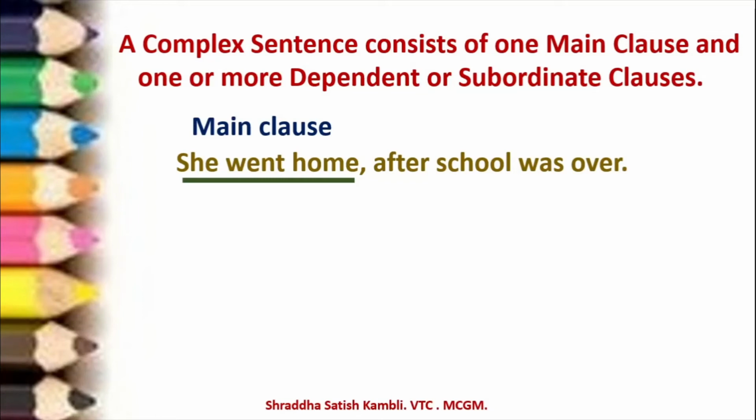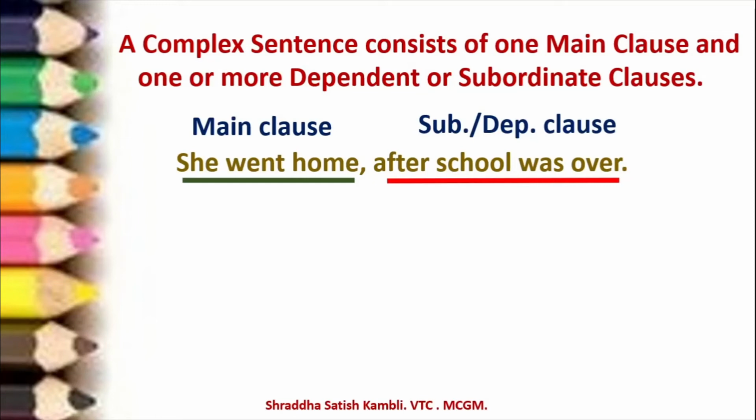So along with a simple sentence, when you add one more clause, then it becomes a complex sentence. For example, we added after school was over, and it became a complex sentence. Why? Because we added a subordinate or dependent clause to the main clause. Is it clear to you now?